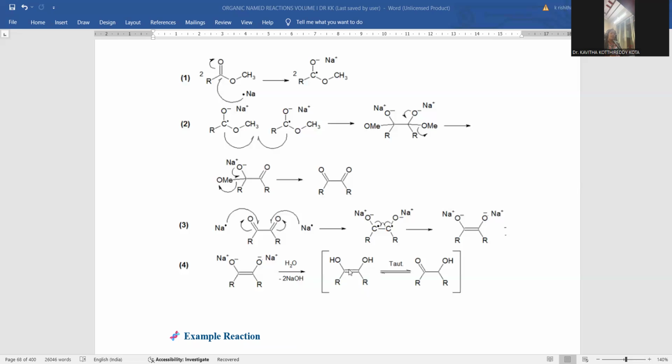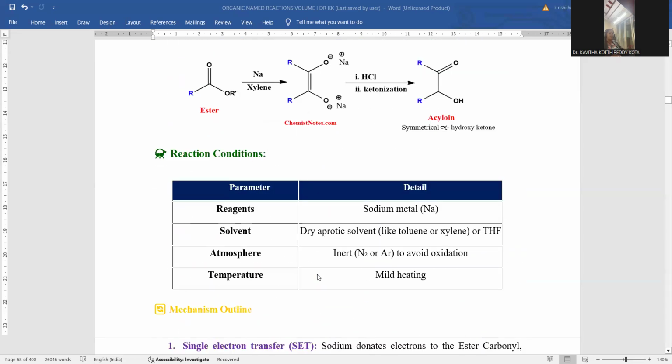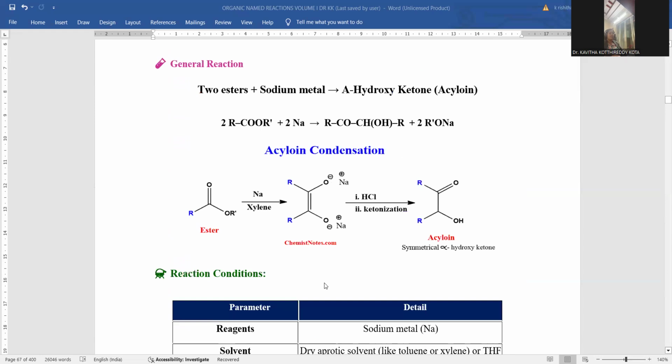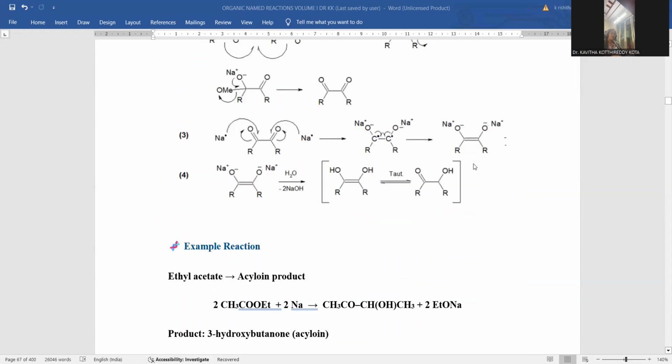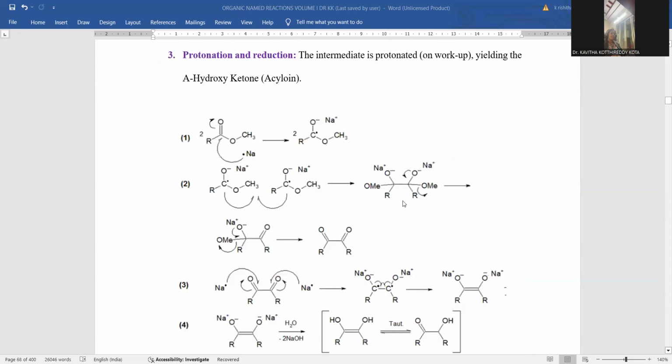If it is tautomerized, the enolic form turns into a ketonic one, and the other carbon retains a hydroxyl. So in this manner, alpha hydroxy ketone is the ultimate product in this reaction, which is said to be acyloin. Acyloin is meant for hydroxy ketone. This is the way hydroxy ketone is generated if we start with 2 moles of ester compound in the presence of sodium metal.